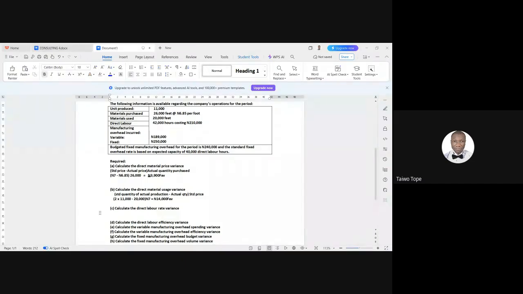So, the formula for the labor rate variance is what? Standard rate minus actual rate, multiplied by actual hours paid for.